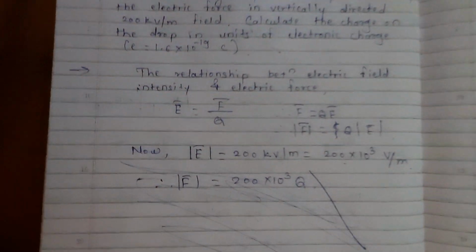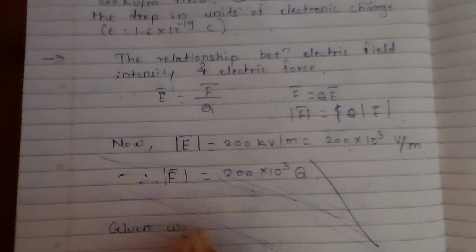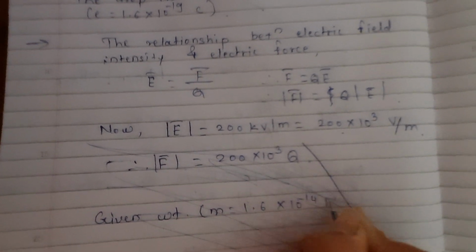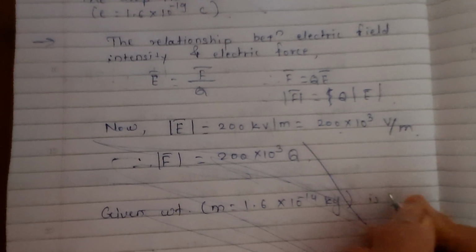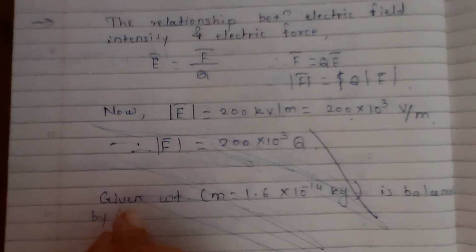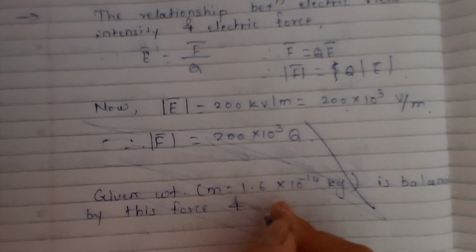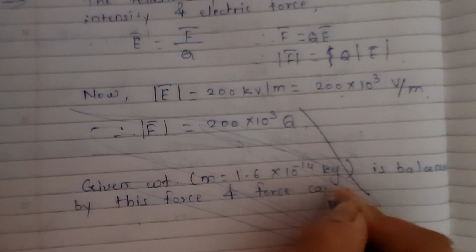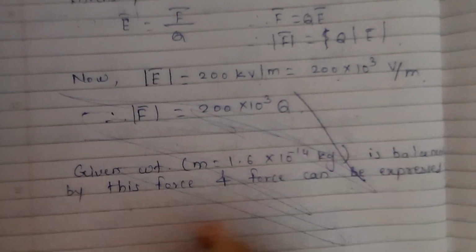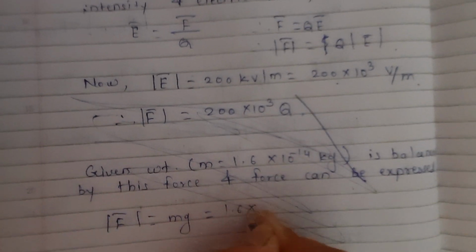Now in the problem the weight is given, so here we can write the given mass m is equal to 1.6 into 10 raised to minus 14 kg. It is balanced by this force, and the force can be expressed as mod of F bar is equal to m into g. So it is 1.6 into 10 raised to minus 14 into g.